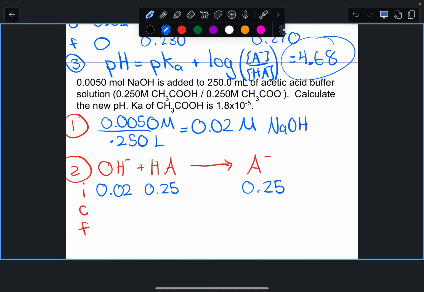Okay, so I've kind of given you the initial outline, and it should look really similar to the last one. It's just that now, because it's a base, you're reacting it with the weak acid. And it's fine if you want to write it as HA or if you want to write it as CH3COOH and CH3COO minus. Okay, so go ahead and finish that off and determine the pH here.